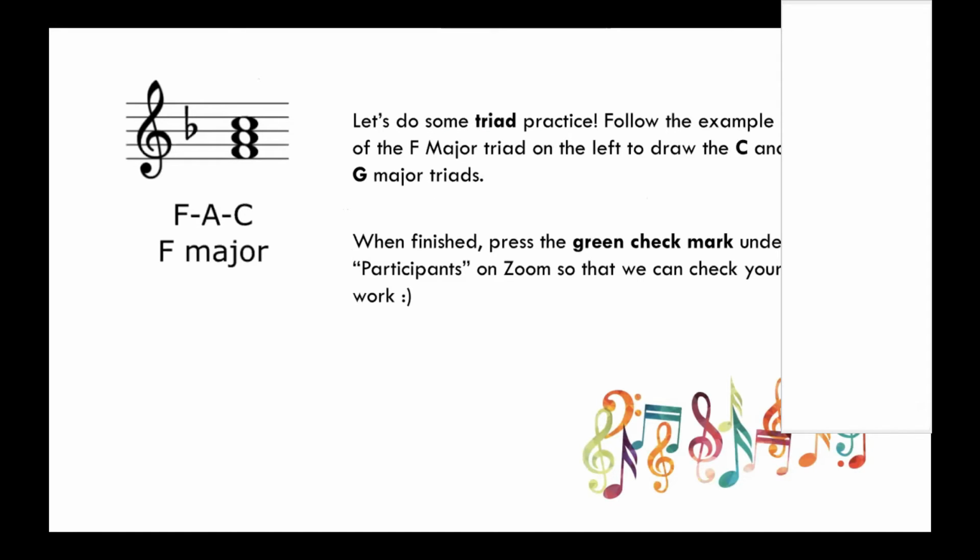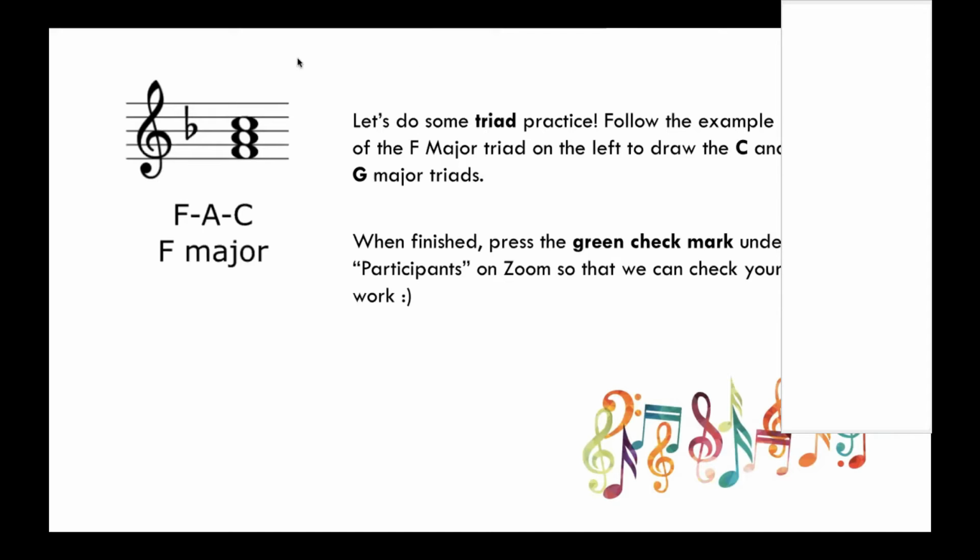Okay, next, you're going to need some paper. So if you don't have any with you, grab it right now. It doesn't need to be lined paper since we're not going to draw that many lines, but this is going to be a triad practice. So once you have your paper, you're going to draw the treble clef and the 5 lines.